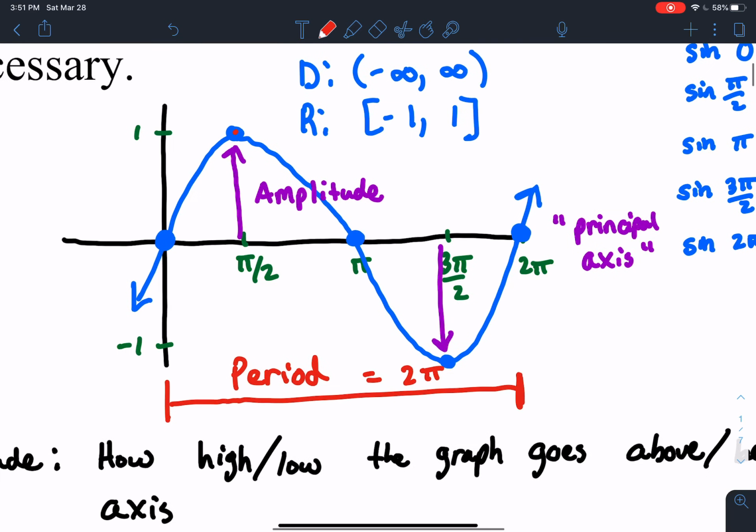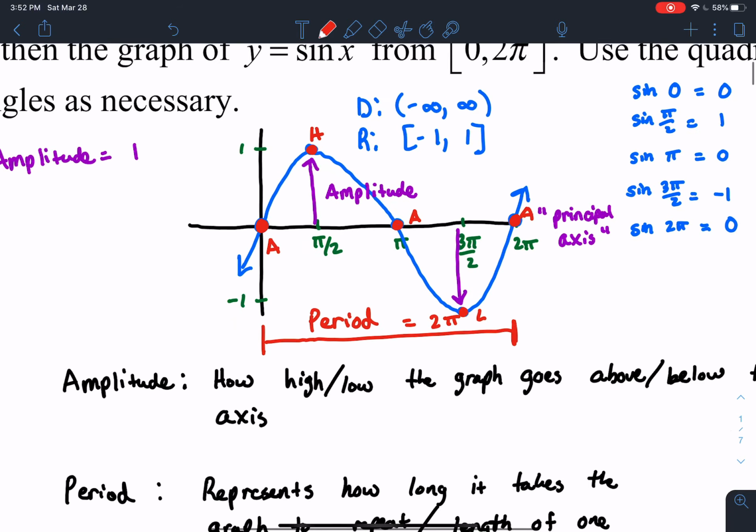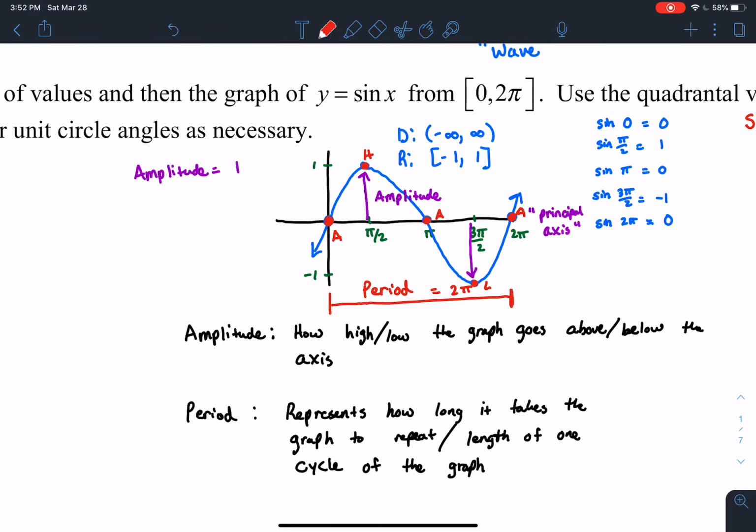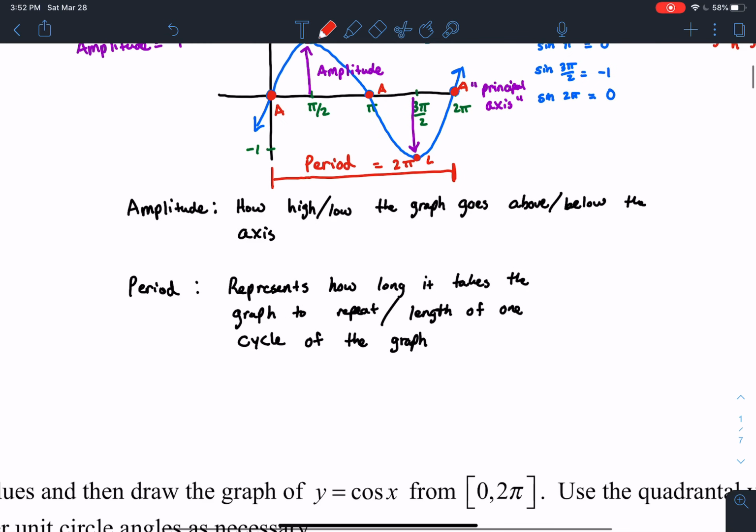So if I start here at 0, that's my axis. Then I go H, that's the high point. Then axis, low point, axis, right? SAHALA, okay? If you can remember that little acronym, it'll help you a lot as you're going through these graphs.